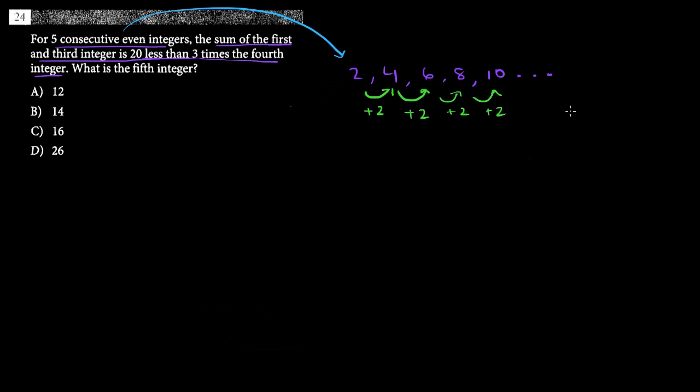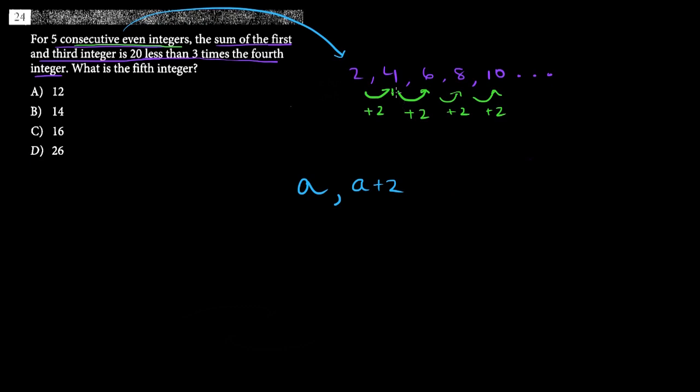That is the idea of consecutive even integers that you need to understand to solve this question. We have to find this list of 5 consecutive integers, but we don't know which one is the starting value. So I'm going to write the starting integer. Here the starting would be 2, but I'm going to write a. If a is our first value, our second value must be a plus 2.